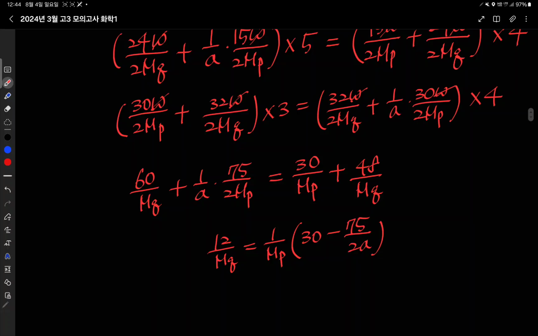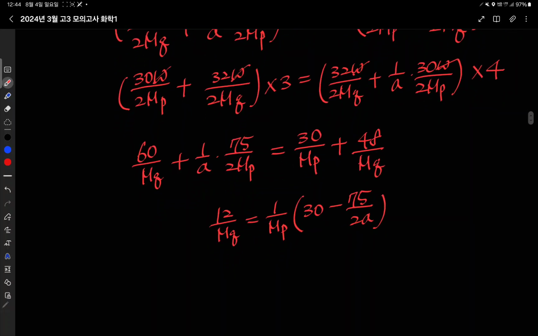And from the second equation, if you open the parenthesis, the first term is 45 over NP plus 48 over NQ.